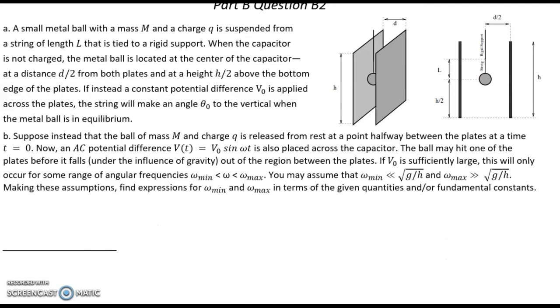Question B. Suppose instead that the ball of mass m and the charge q is released from rest at a point halfway between the plates at a time t equals 0. Now an AC potential difference V as a function of t equal V0 sin ωt is also placed across the capacitor.